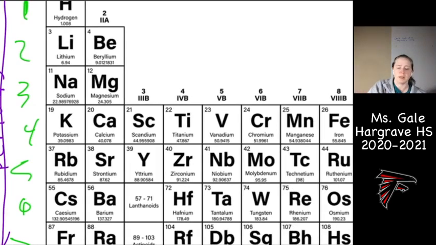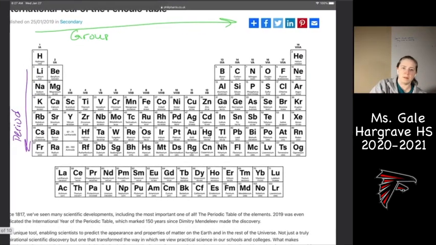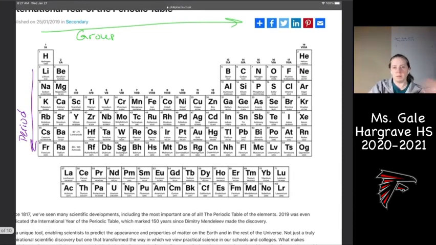Periods run top to bottom, and groups left to right. Our periods tell us the number of rings. Groups tell us the number of valence electrons.